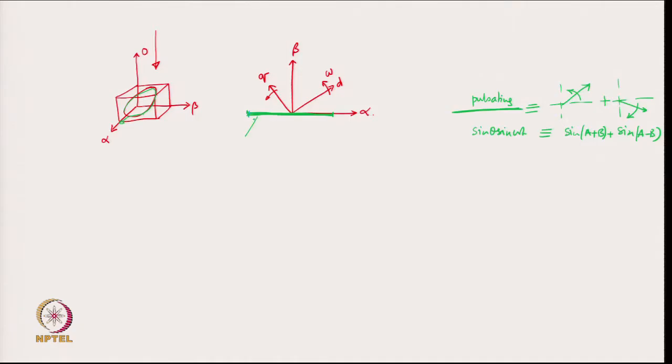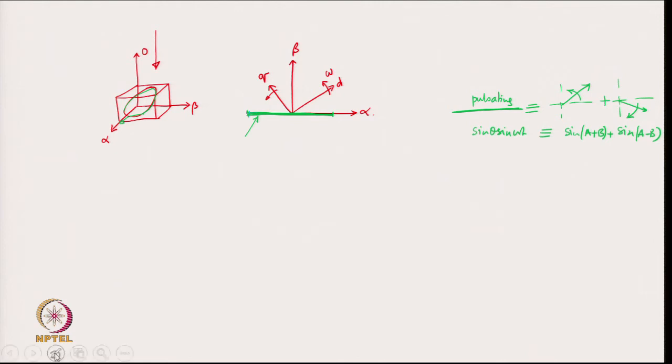So, this variable which is now oscillating on the alpha axis, we can also split into two parts.